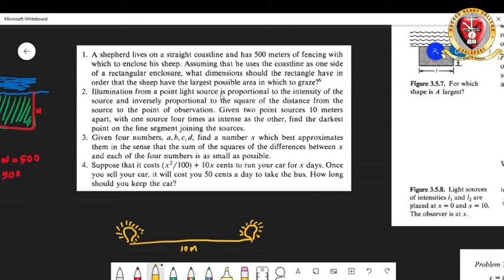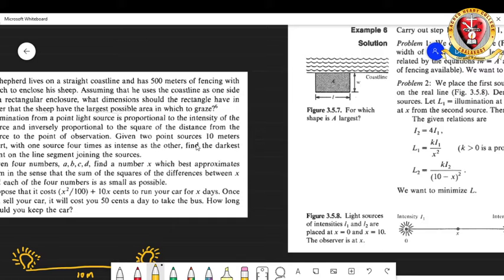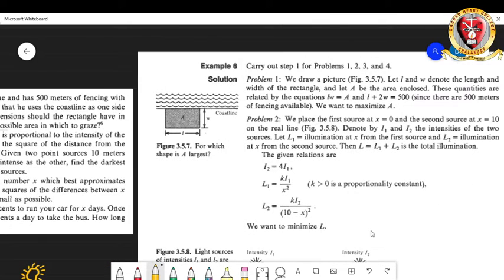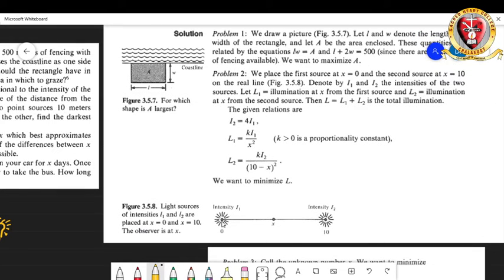So this is a question. The illumination from a point light source is proportional to the intensity of the source. How will we understand and assign variables according to what we require? Here, this is the first bulb and this is the second bulb.